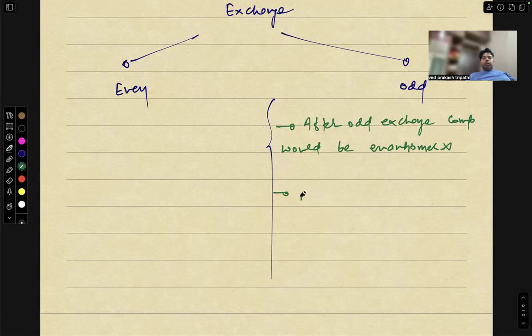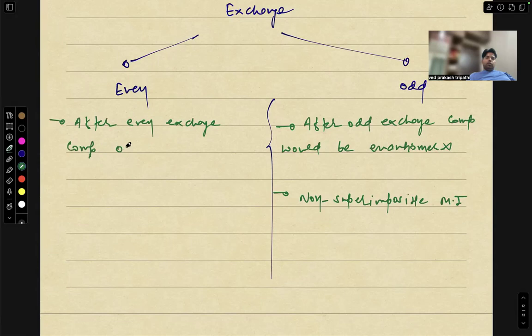And we know that enantiomers are non-superimposable mirror images. And even means after an even exchange, the compounds would be identical, and they are superimposable mirror images. And they have the same configuration.